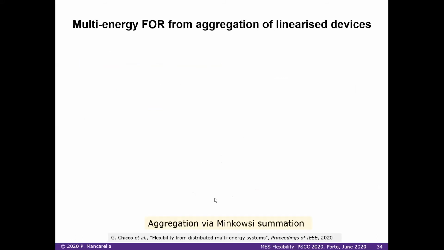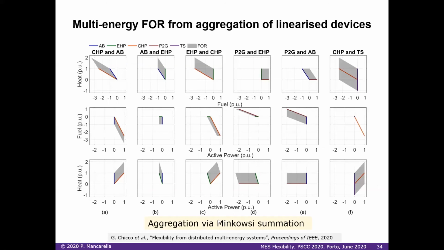Then I adopt Minkowski summation, and I get these kinds of plots that describe how heat and fuels are linked to each other, how fuel and active power are linked to each other, how heat and active power are linked to each other for different kinds of combinations of plants.